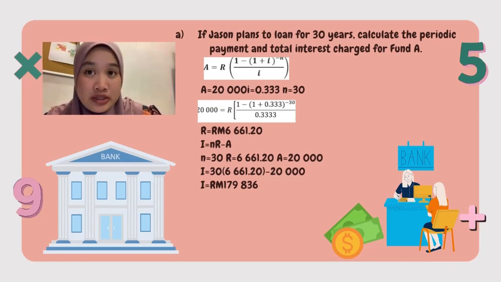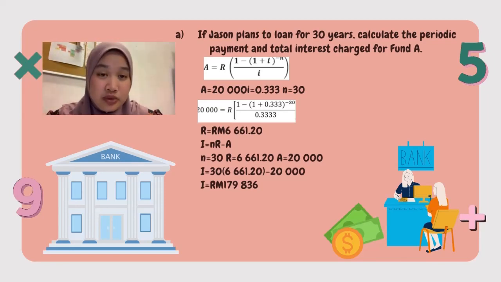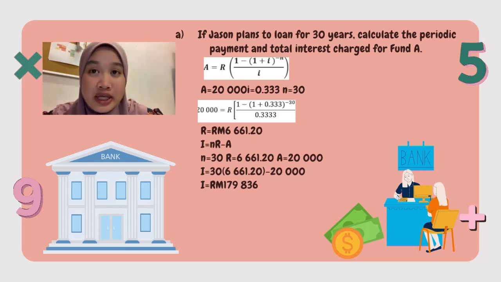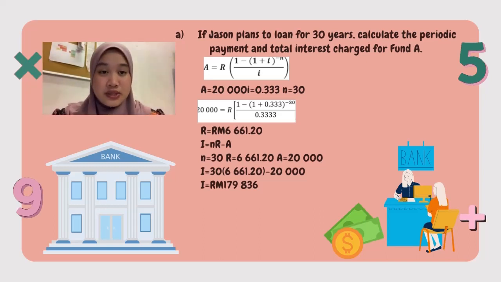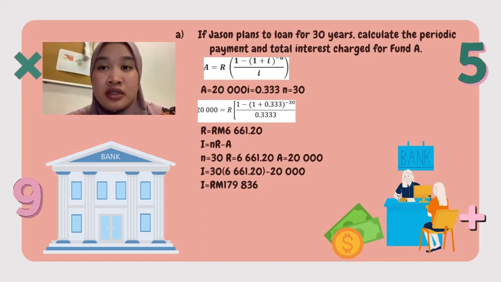To find the total interest, first we need to find the present value. The formula used to find the present value is A equal to R in bracket 1 minus 1 plus I power of negative n, divided by I. So the equation will be 2000 equal to R in bracket 1 minus 1 plus 0.33 power of negative 30, divided by 0.333. So the answer is 6,661 ringgit 20 cents.